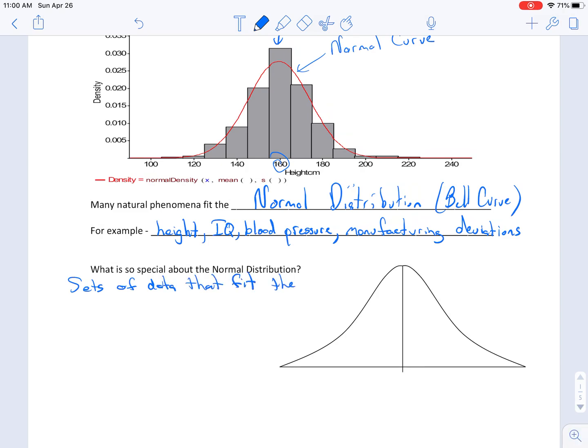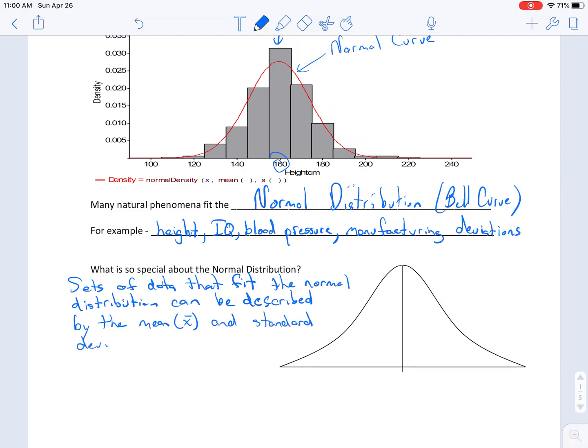So sets of data that fit the normal distribution, so not everything does, but a lot of things do, can be described by the mean and standard deviation. Remember, the mean is x bar and standard deviation we just talked about, which is sigma.